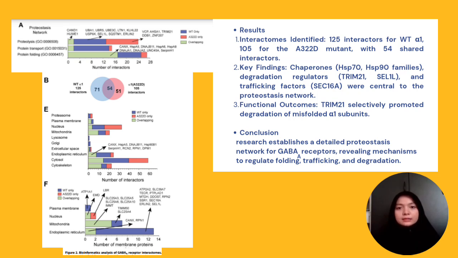In conclusion, this research established a detailed proteostasis network for gamma-aminobutyric acid receptors, revealing mechanisms regulating folding, trafficking, and degradation. Importantly, it provides insight into targeting misfolded proteins for therapeutic intervention. Now I will pass to Alpha to talk about principles and its application.